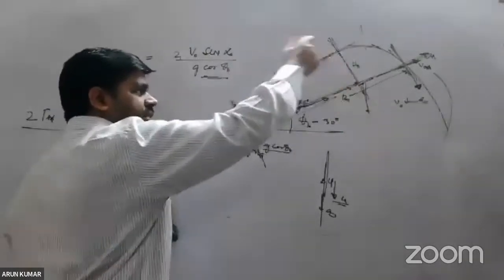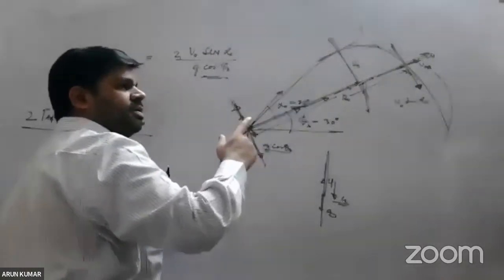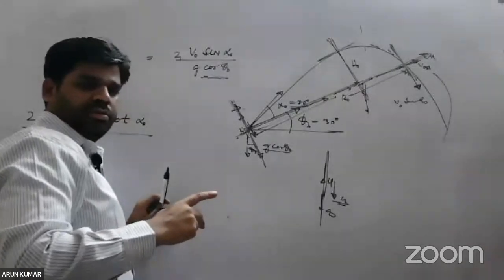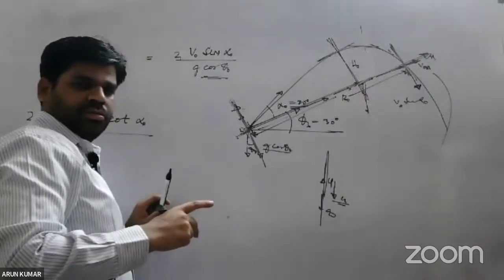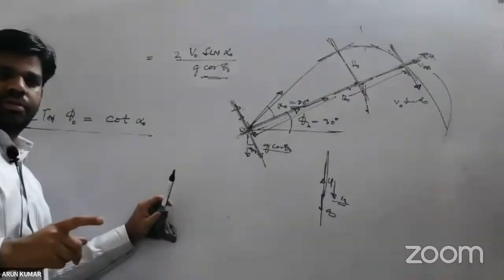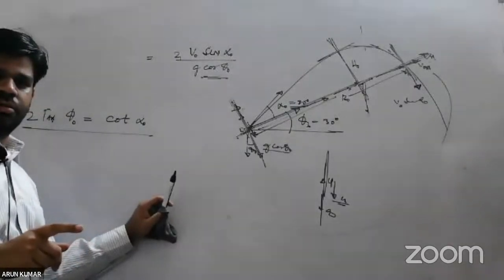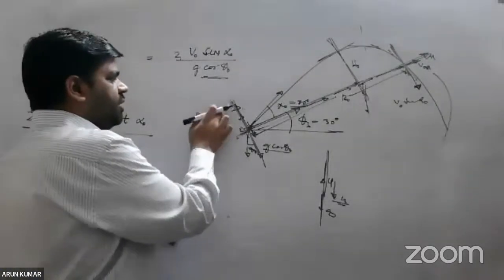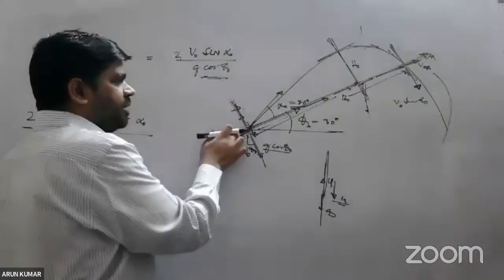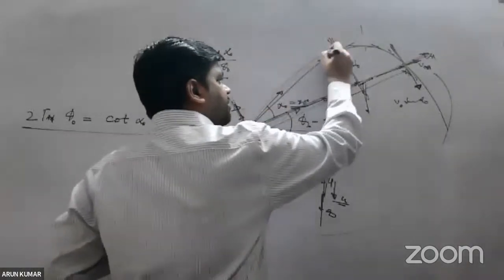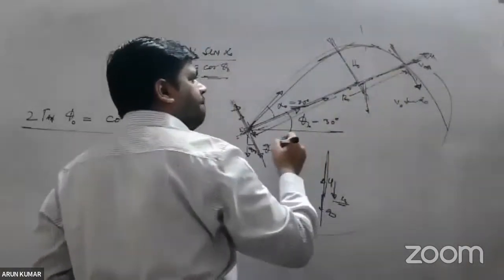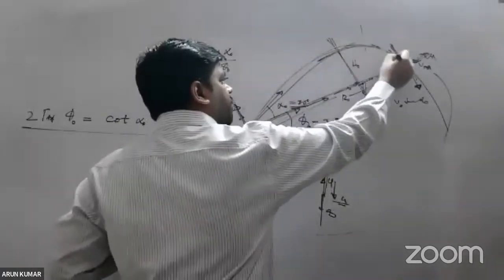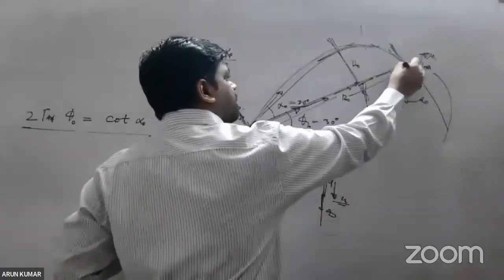Time of flight plus time of flight, 2 times time of flight. Time of flight means time of ascent plus time of descent. It means it goes with the time and comes back with the time. Yes, total time of flight. It goes like this, stops and comes back. So this complete time it takes from here to here is the time of flight. This total time is the time of flight.